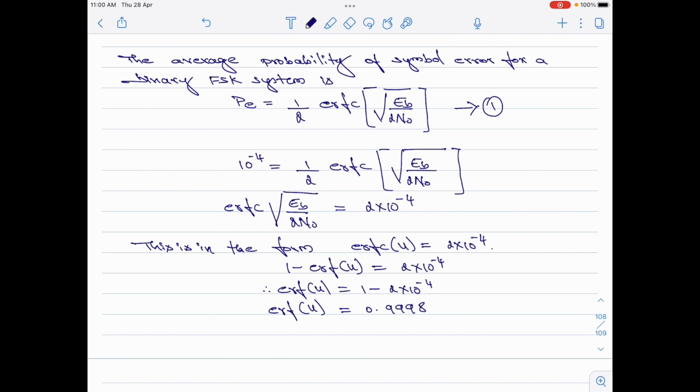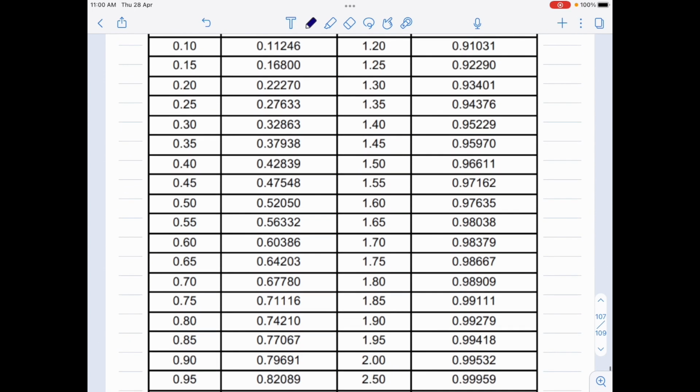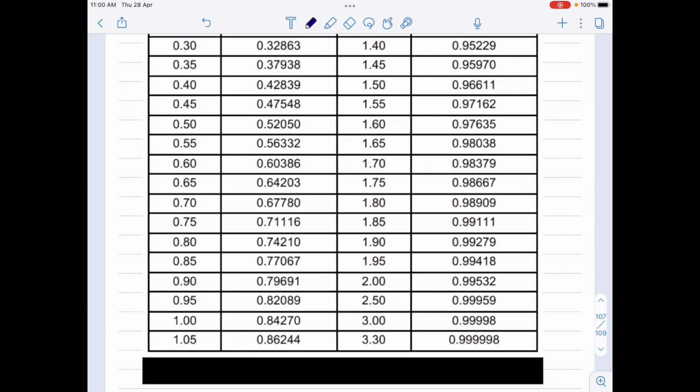Let us go to the error function table now. Right. This is the error function table, and upon searching the table carefully, we will find that the nearest value for 0.9998 occurs for U equal to 2.5. So, we will now say that the value of U is 2.5.